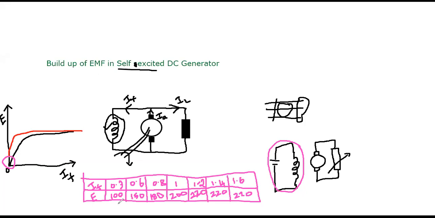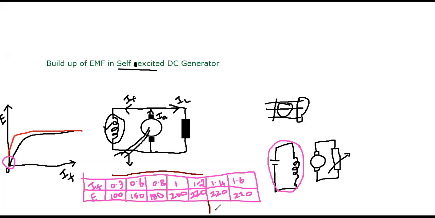Now, as we increase the excitation, that is the field current, up to a certain value, it reaches 200 and the rated value of 220, at nearly 1.2 ampere.